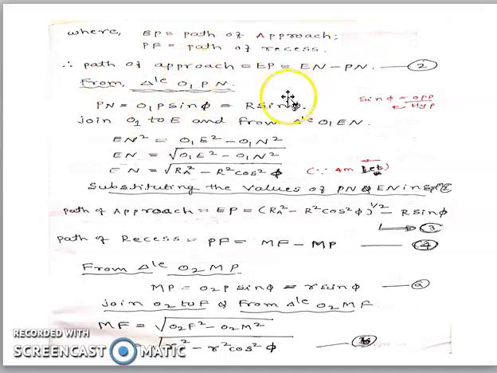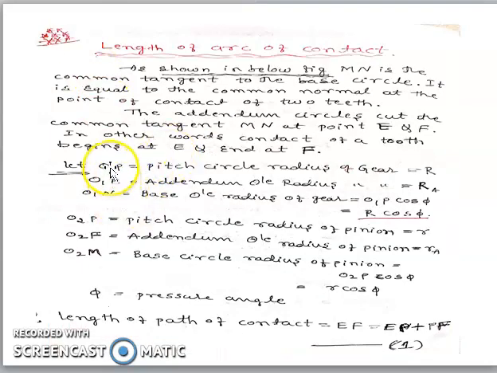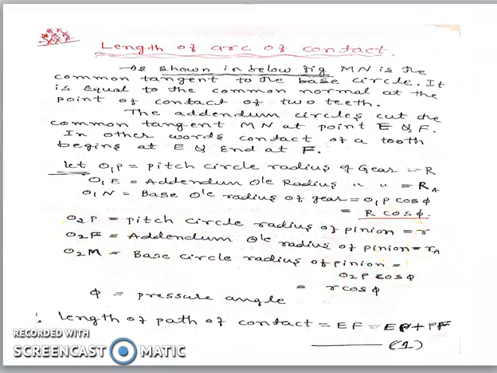Again from the triangle, O1P is capital R, and O2P is small r. O1E is capital RA, and O2F is small ra.